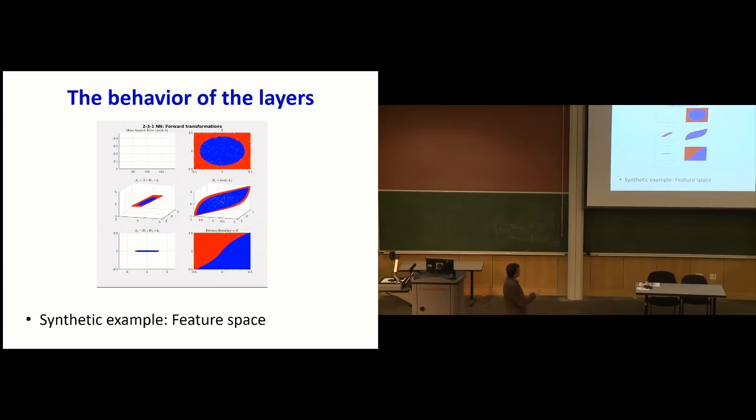And you can see what exactly is happening. When I compute the 3-dimensional affine combination, Wx plus B, this 2-dimensional input ends up looking like some sheet in 3 dimensions. Then I put this through a tanh activation, and it ends up looking like this.